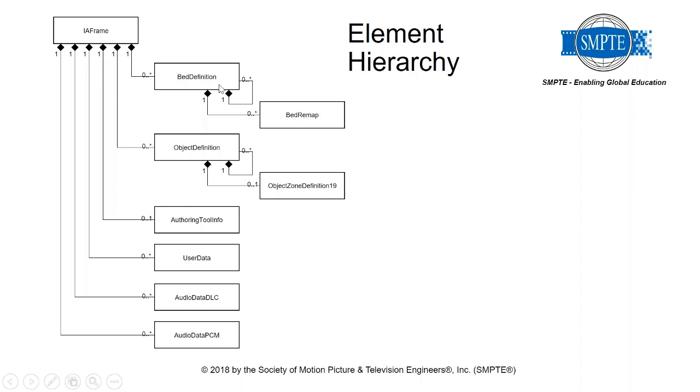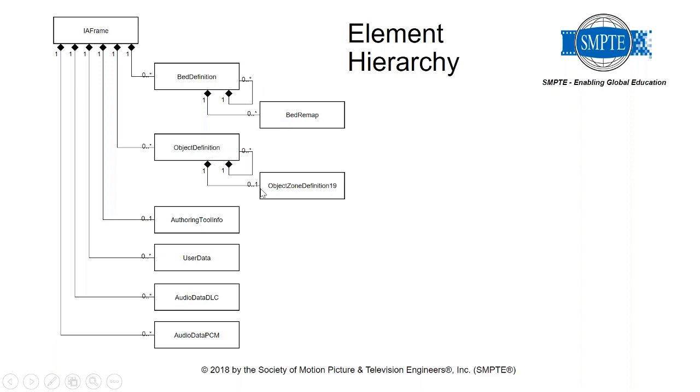You'll also notice some elements can be composed of other elements. In fact, the bed definition can be composed of two types of sub-elements. It can contain another bed definition element, and it can contain a BedRemap element. And again, those are both 0 or more.